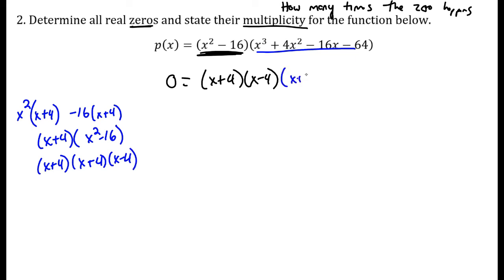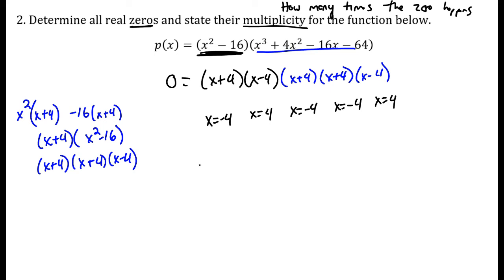So I've got x plus 4, x plus 4, x minus 4. So now that I factored it completely, I know my zeros are x equals negative 4, x equals 4, x equals negative 4, x equals negative 4, and x equals 4.